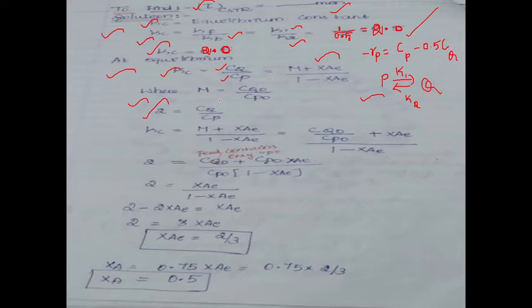We want the XAE value. XAE in our equation is called XPE; both are equal. Generally it is represented with capital A, but as per the problem we should take the reactant as P, so XAE and XPE are both equal. So here, m plus XAE by 1 minus XAE. What is the m value?